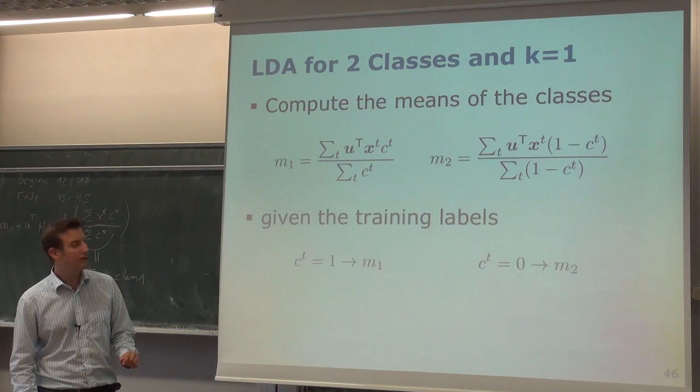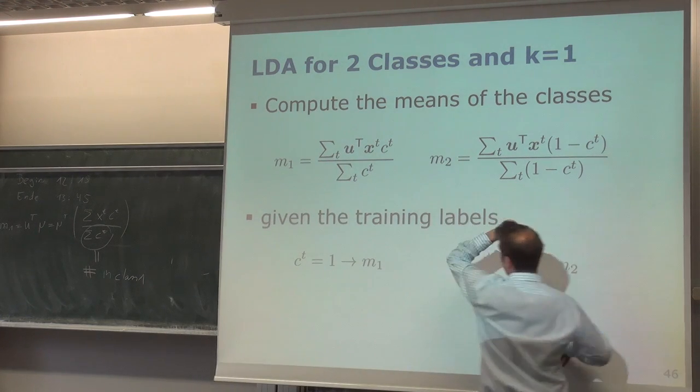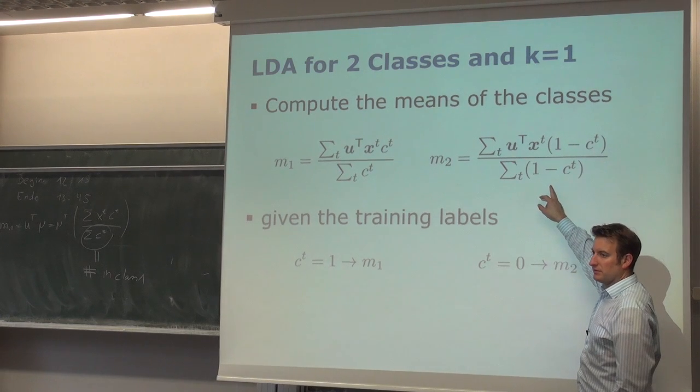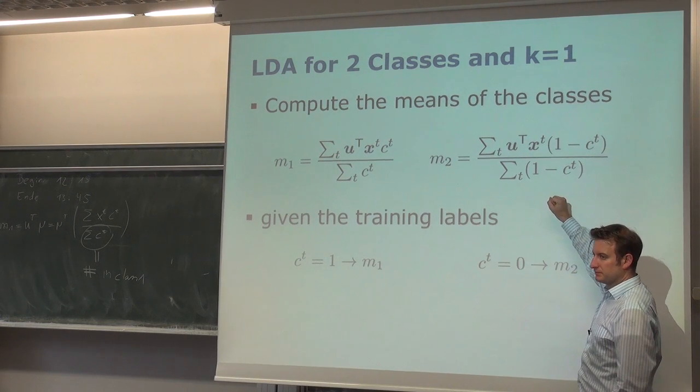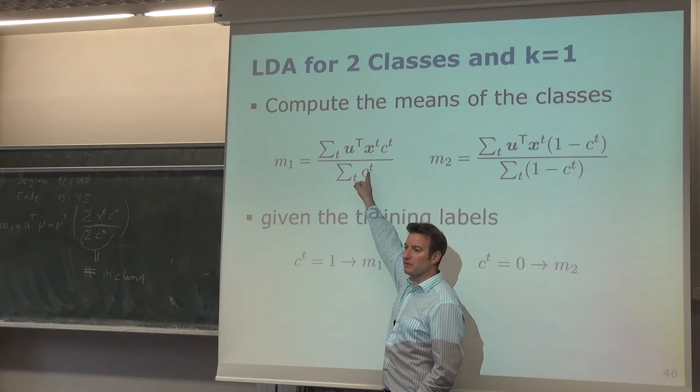I see the left one, that's clear. But the right one, the sum of all cts... It's not a sum; these are just indicator variables.